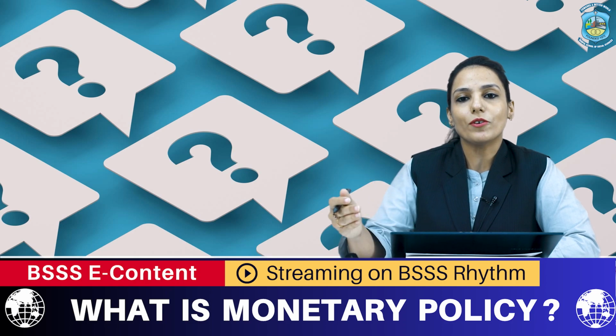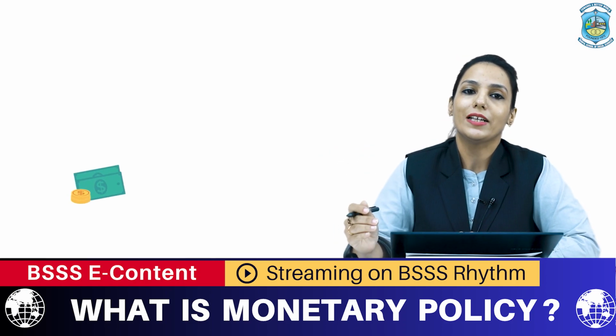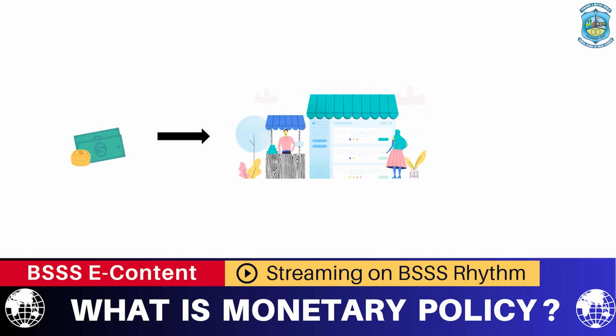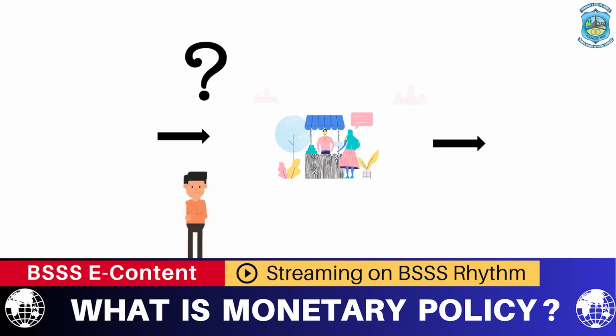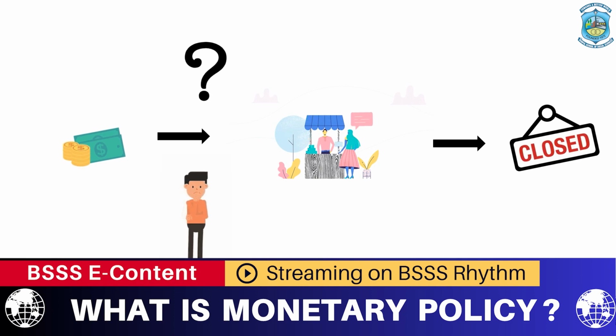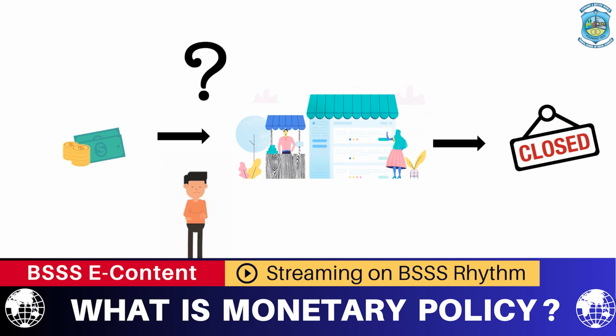The poor will suffer as the prices of crucial items will increase. That is, the money supply in the economy is regulated by the central bank. How is it regulated? It is regulated through the monetary policy, because if the money supply is going to decrease, then these shops will be closed.